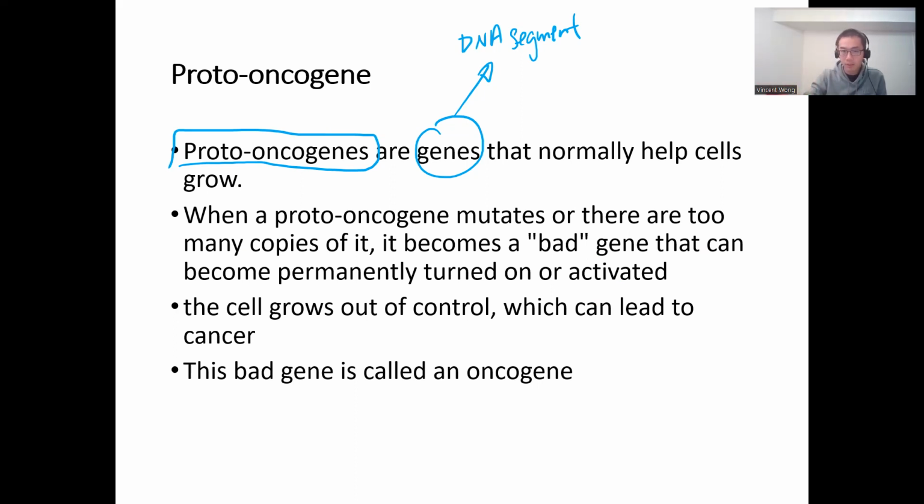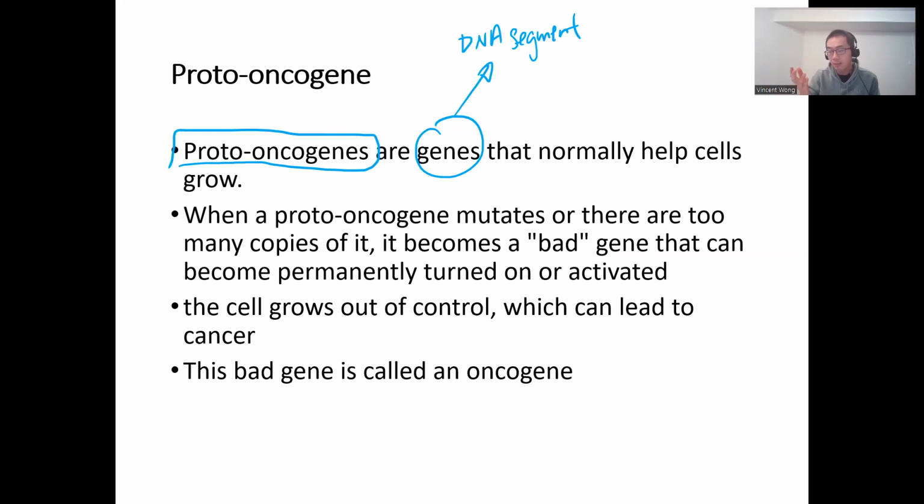The proto-oncogene is the green light essentially. If you have a green light that is always green, it doesn't turn off because it's malfunctioning. It's always green light. What's going to happen? Well, the cell will think it's able to divide all the time, right? Hey, nothing's stopping us. It's green light all the way. Let's divide. Then the cell gets out of control and then the person ends up having a tumor.